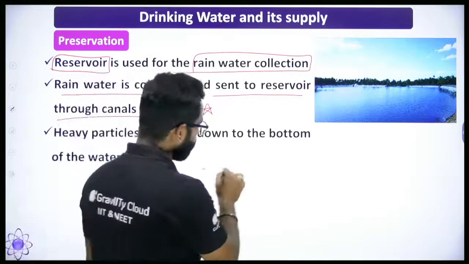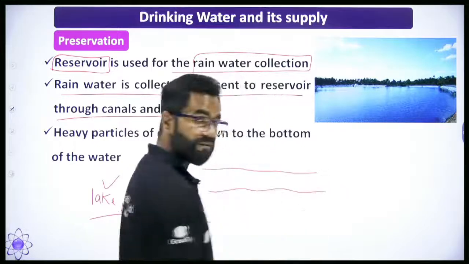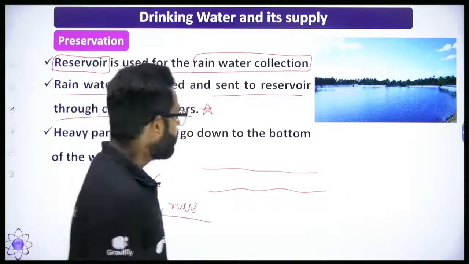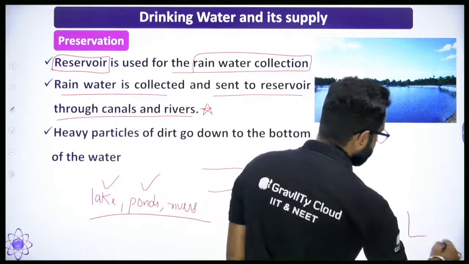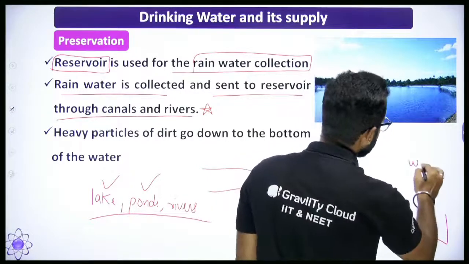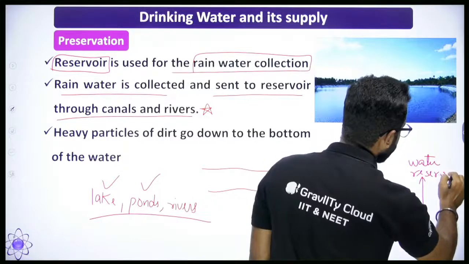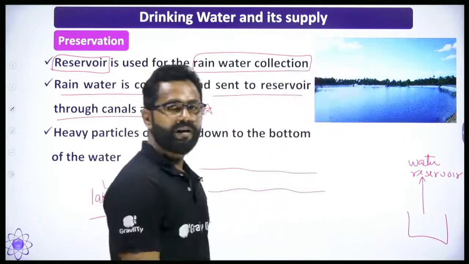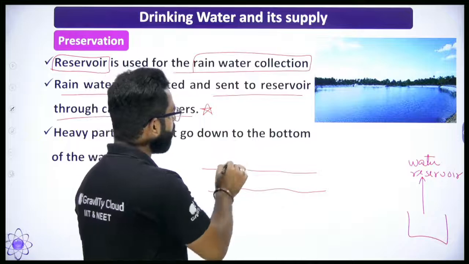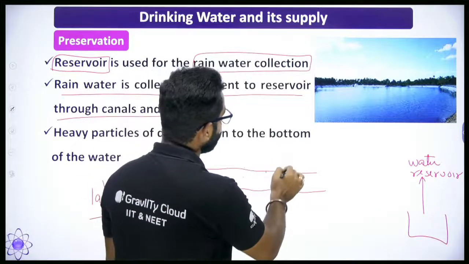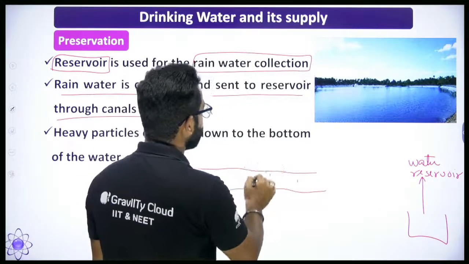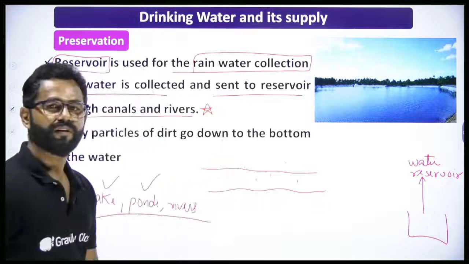For example, there is a river flowing here, and some distance away, this is the water reservoir, right? So what will happen when the rain falls in this river? The water will get collected, right?